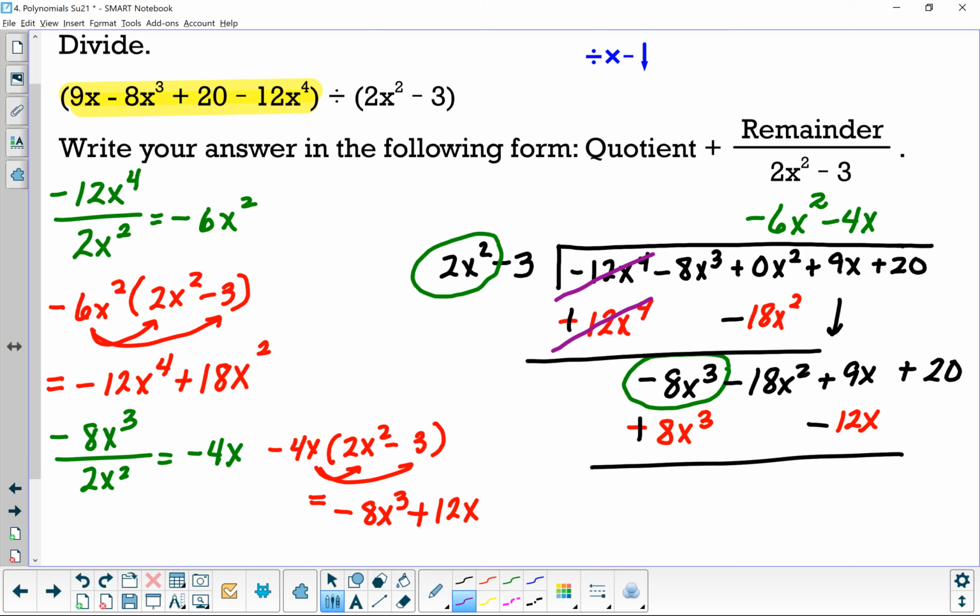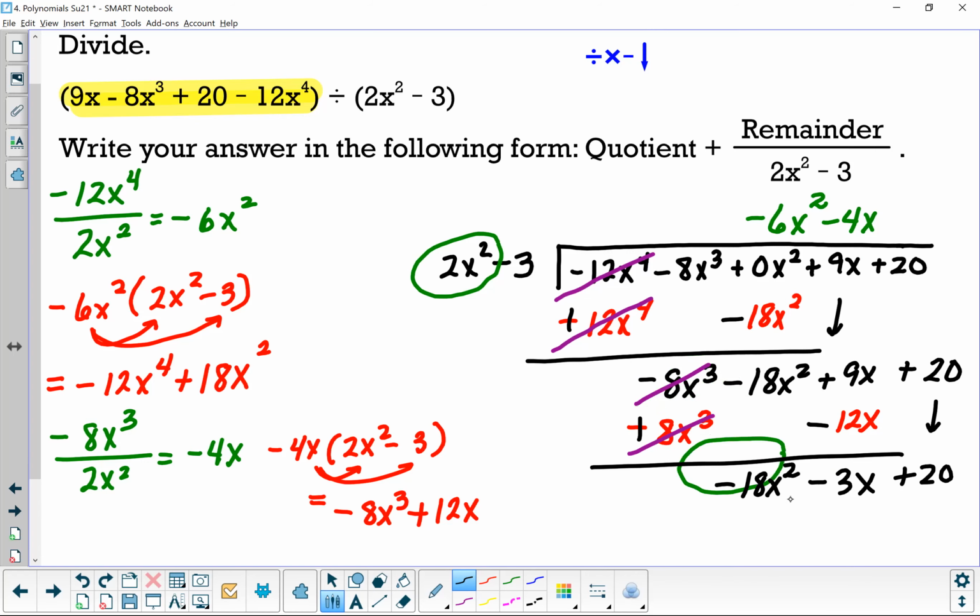Okay, so negative 8x cubed plus 8x cubed is eliminated. Bring down the minus 18x squared. 9x minus 12x is minus 3x. And bring down the plus 20. All right, so bring it on down and bring it on back.